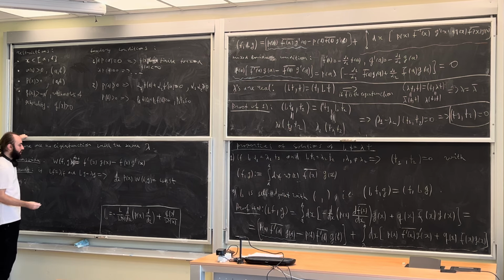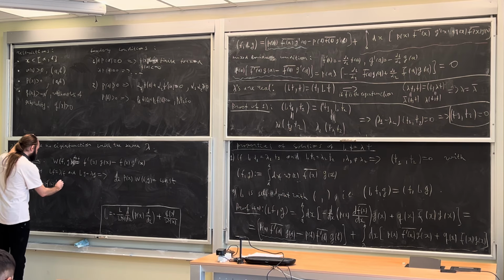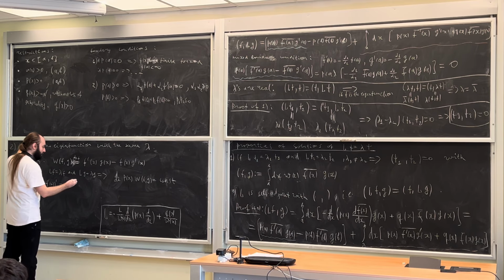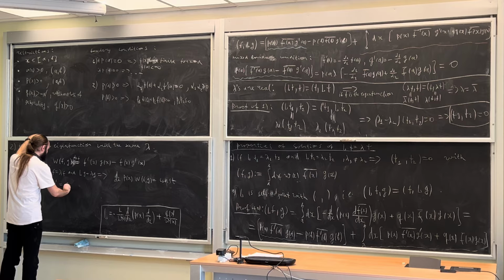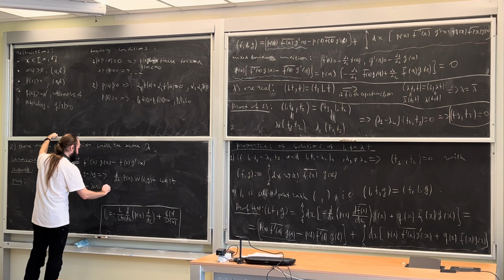We can multiply everything by w and say that (p of x f prime of x) prime equals q of x f of x minus lambda w of x f of x.